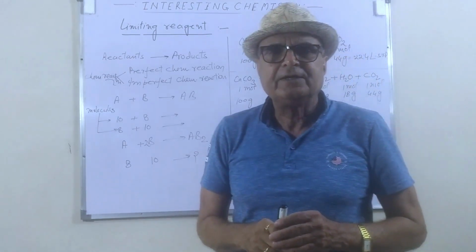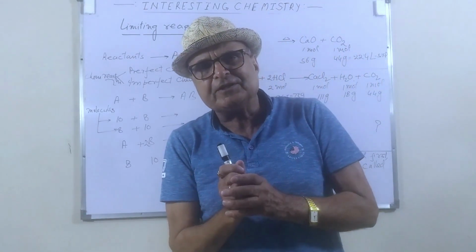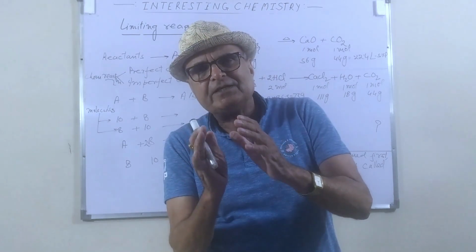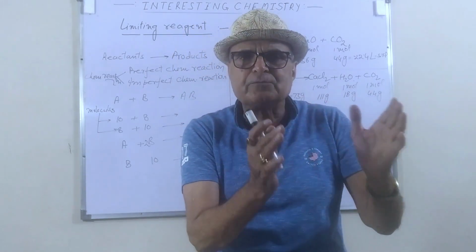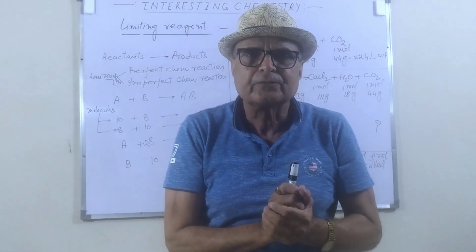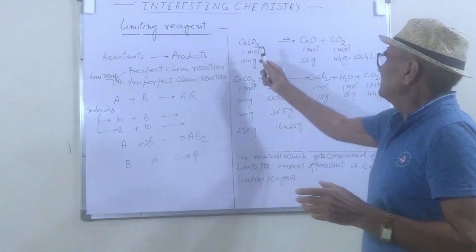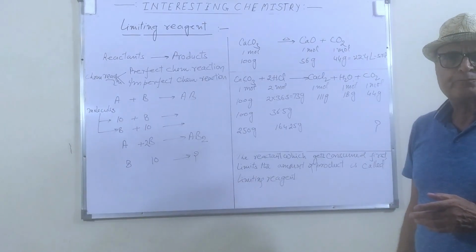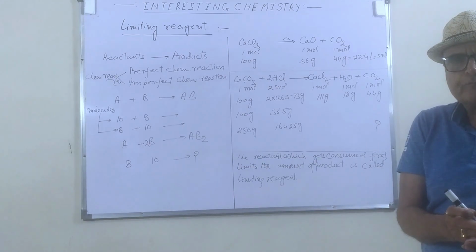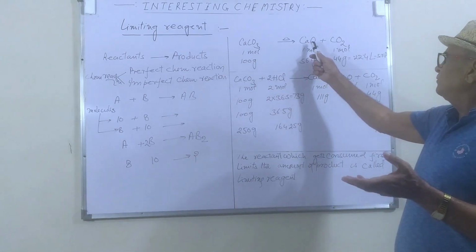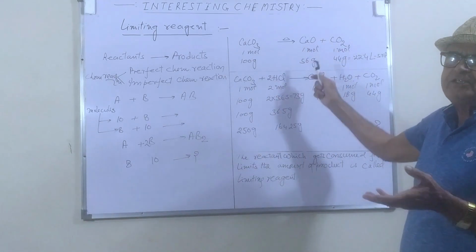For example, if you have a chemical reaction in which only one reactant is taking part, for example, calcium carbonate. When calcium carbonate is heated, it will decompose into CaO and CO2.